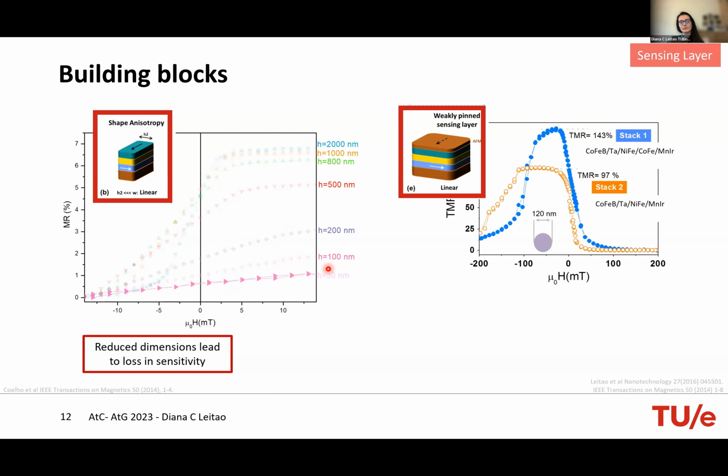If you think about really going small, and when going small using this strategy we are losing sensitivity, then we can, of course, use a different way. For example, instead of having a simple sensing layer, we can make it softly thinner, increasing its anisotropy so that it stays in plane for a longer time. And this is a good strategy that we have used to linearize very, very small devices.